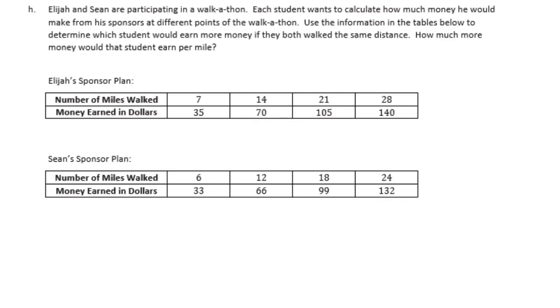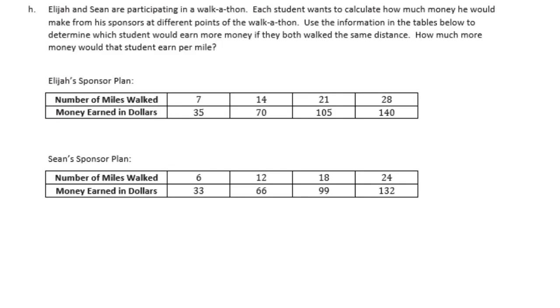H. Elijah and Sean are participating in a walkathon. Each student wants to calculate how much money he would make from his sponsors at different points of the walkathon. Use the information in the tables below to determine which student would earn more money if they both walked the same distance. How much more money would that student earn per mile?